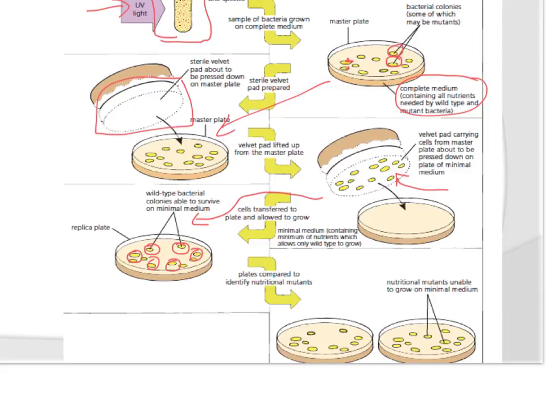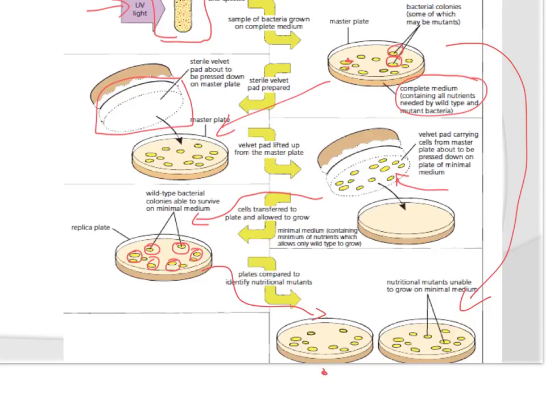So what can then happen is, you then take this plate here and the one that you had back at the beginning, and you compare the two of them. This is the one with the more complex media, more medium, and this one here has got the cheaper medium in it.